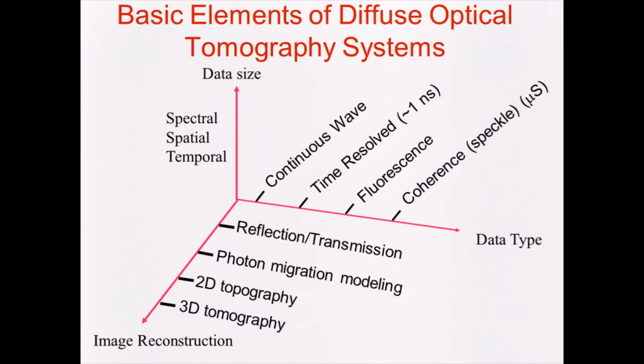You know, what you see is what you get. Or you can use these indirect models that have either photon migration modeling in them all the way up to 3D tomography. So these are kind of the style of the instrument, but in addition to that, you also just have the raw data size aspects of what is your spectral sampling, spatial sampling, and temporal sampling.